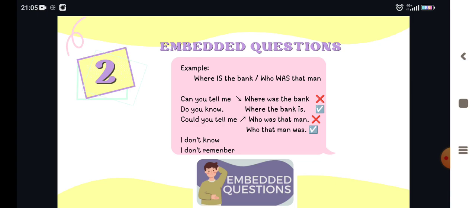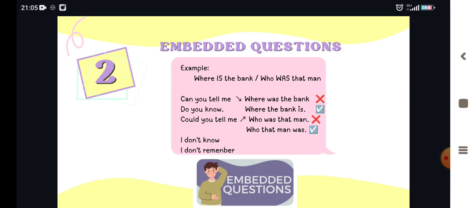It has the same meaning, or it could be I wonder if he will call me. When embedded questions give additional information, this usually helps express intent. In the sentence, I wonder if he will call me, this expresses the intent or curiosity.